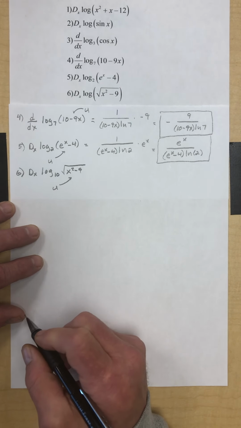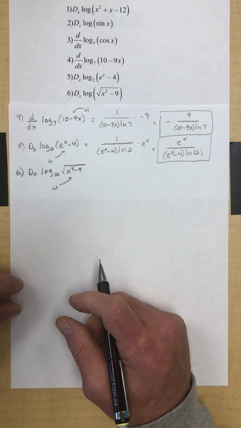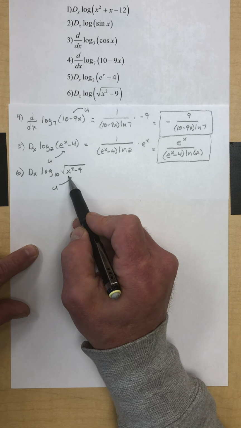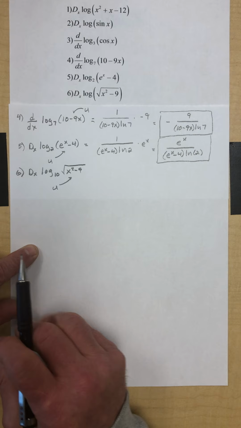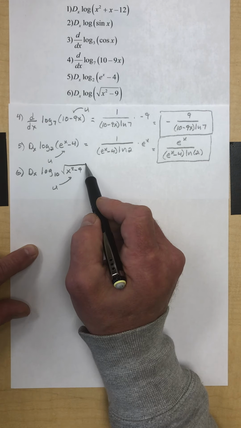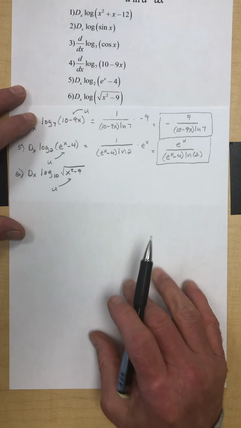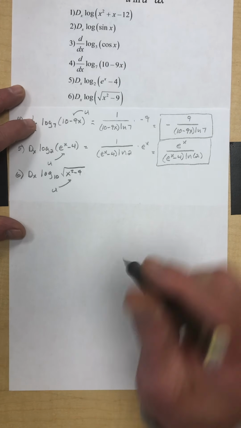So when you take the derivative of u, then you got to apply the chain rule. So how can we deal with that and not have to apply the chain rule? Couldn't I take this square root and put it in an exponential form first? And then wouldn't I have an exponent that I could pull out front using my power rule? That sounds like a plan.